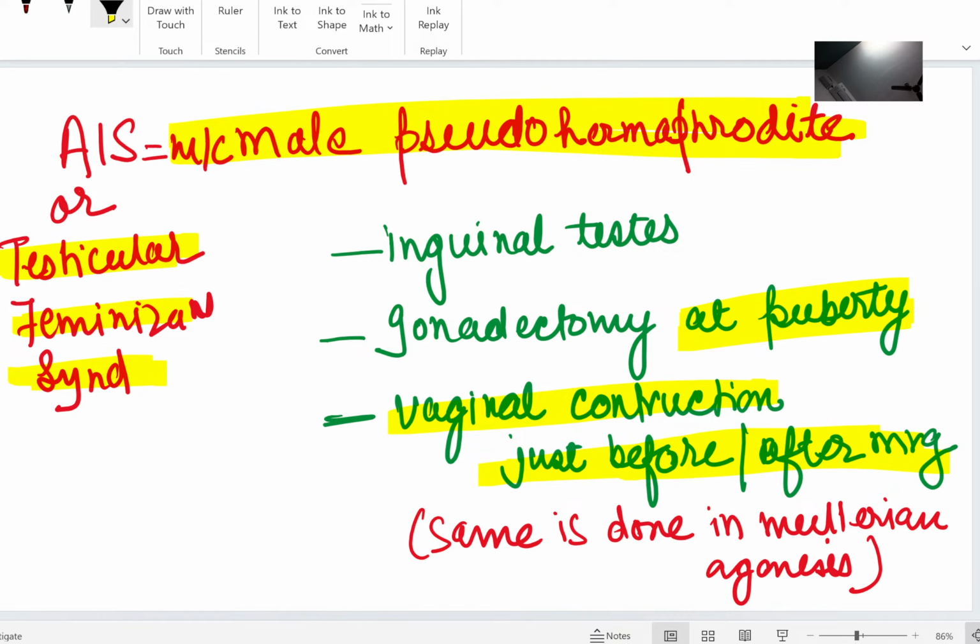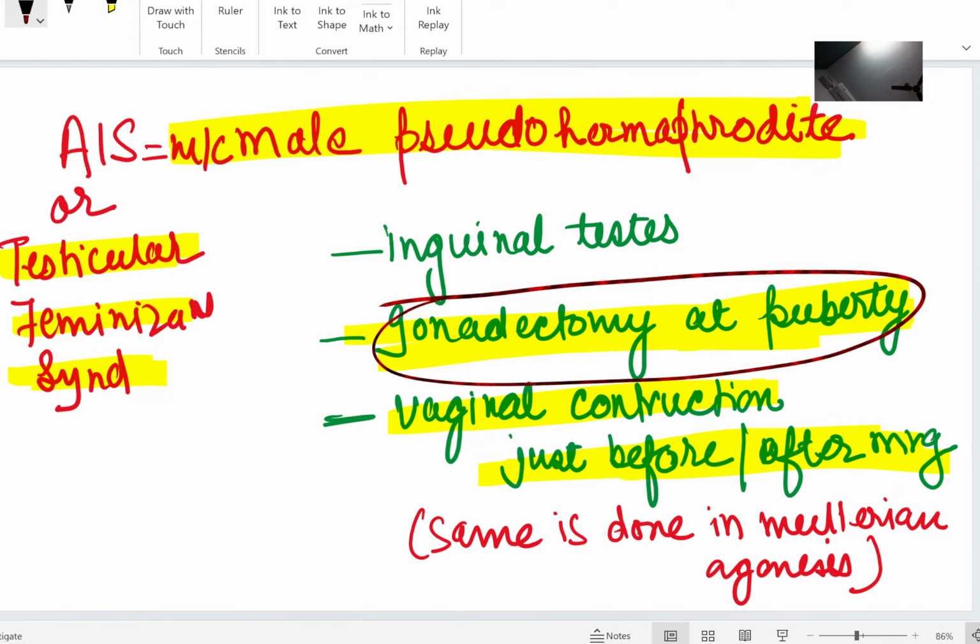So this patient will not be reared as female. If the patient does not have breasts, the patient cannot live as female. That is why this is the only permission given by the Supreme Court, to do the gonadectomy at puberty after the formation of breasts.